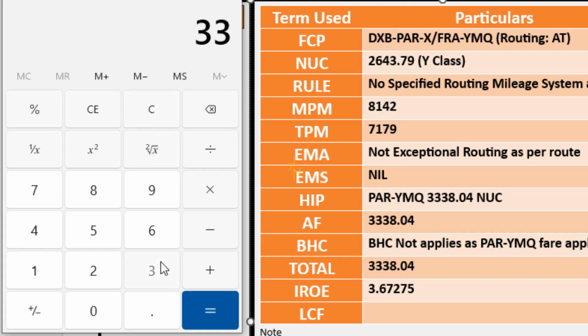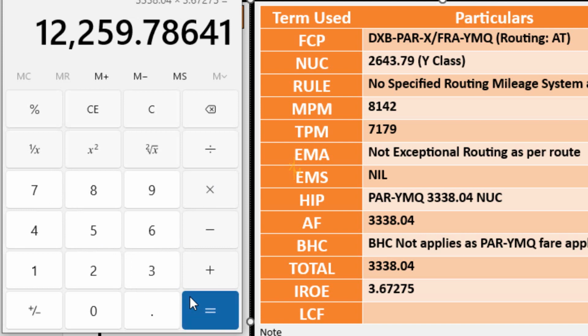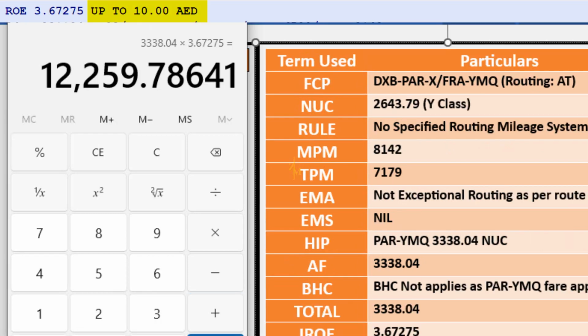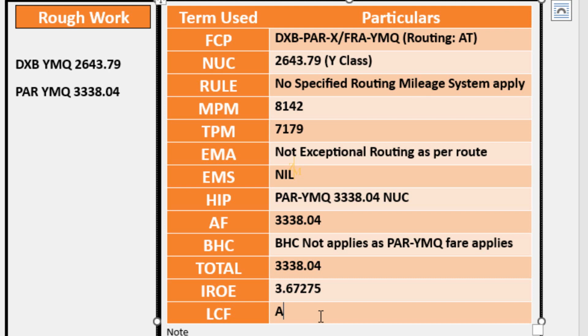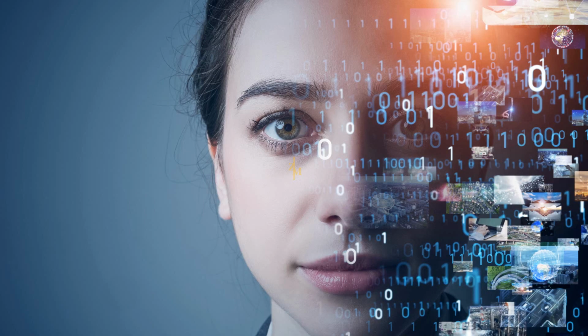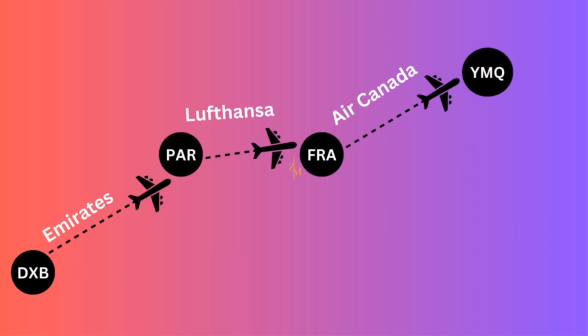In our example, the fare of 3,338.04 NUC multiplied by the IROE or ROE of 3.6725 results in 12,259.7864. Rounded off according to UAE dirham rules, the final fare is 12,260.00 AED.